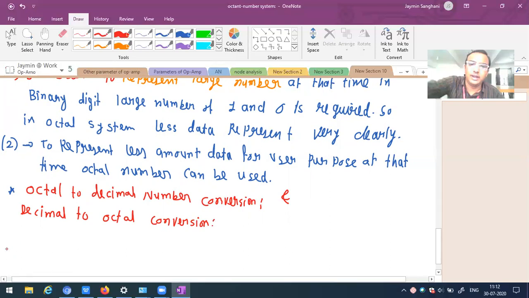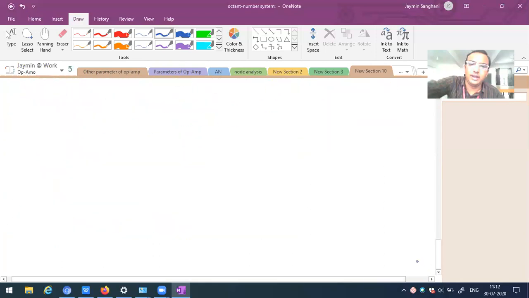So first example, octal to decimal conversion. First example, 314 represented in octal can be converted into decimal. How is it possible?